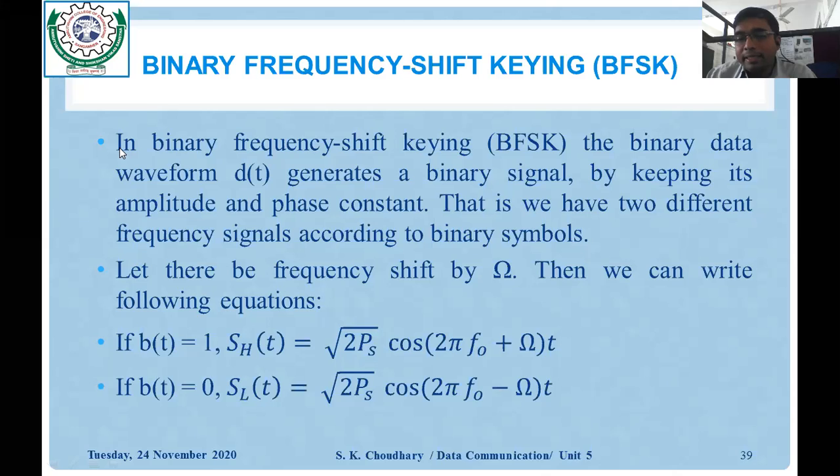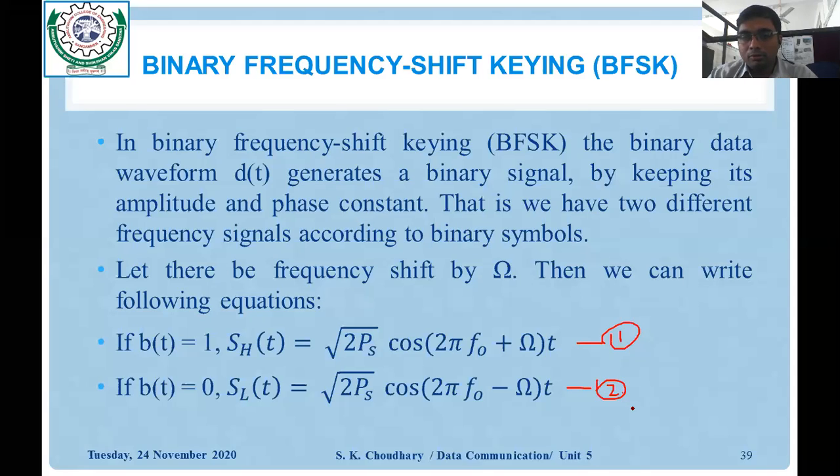And for binary 0, SLT is equal to square root of 2 PS cos 2 pi f0 minus omega T. Remember these are only frequency shifts, not phase shifts, because for each different binary value we apply different frequency levels.